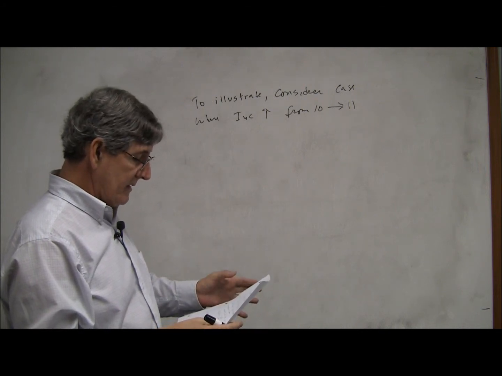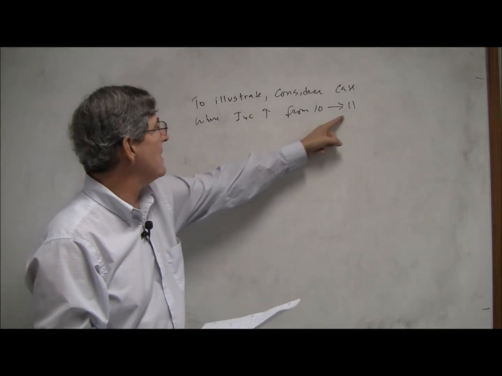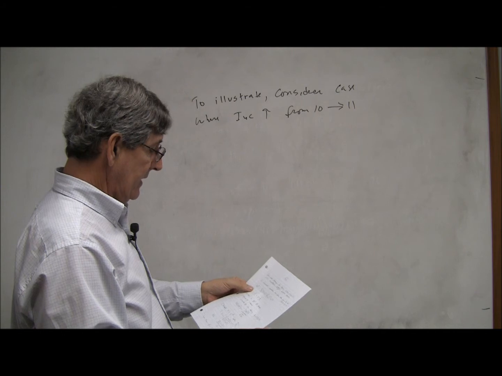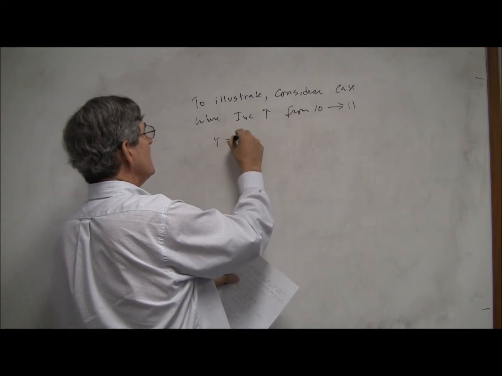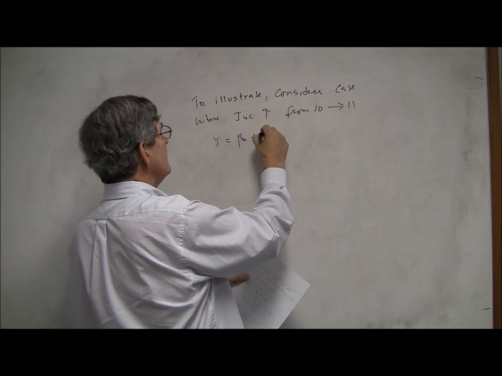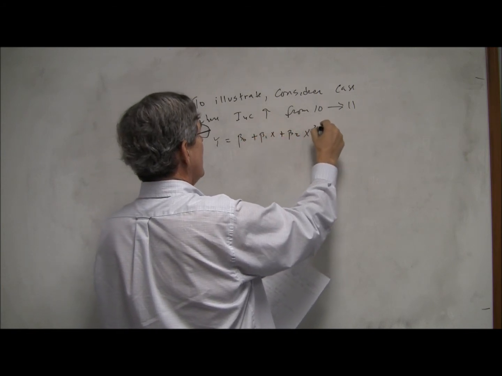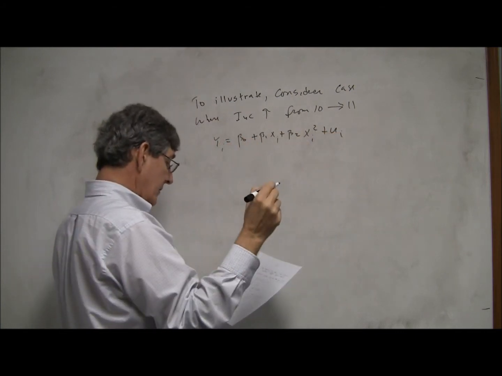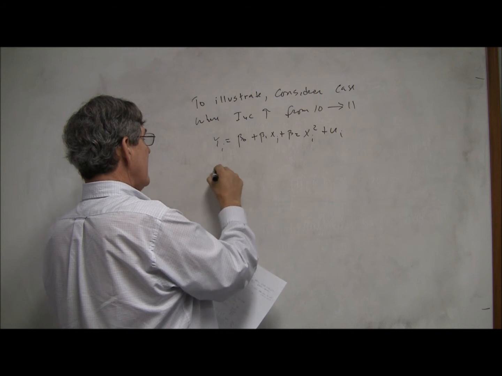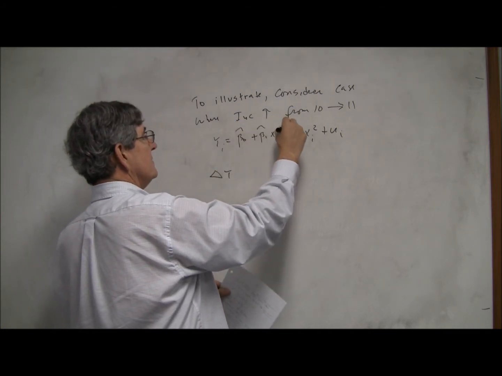And so remember, this was income, that's from 10,000 to 11,000 in the data. If you work this out, remember that y equals beta naught plus beta 1 x plus beta 2 x squared plus u. So that's our model.